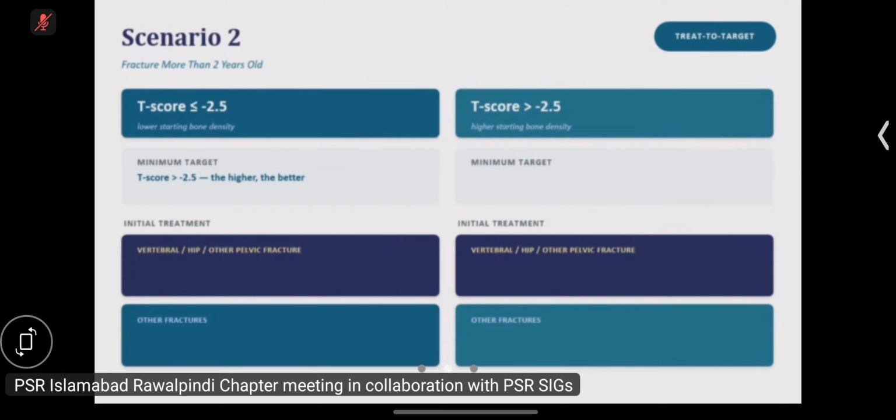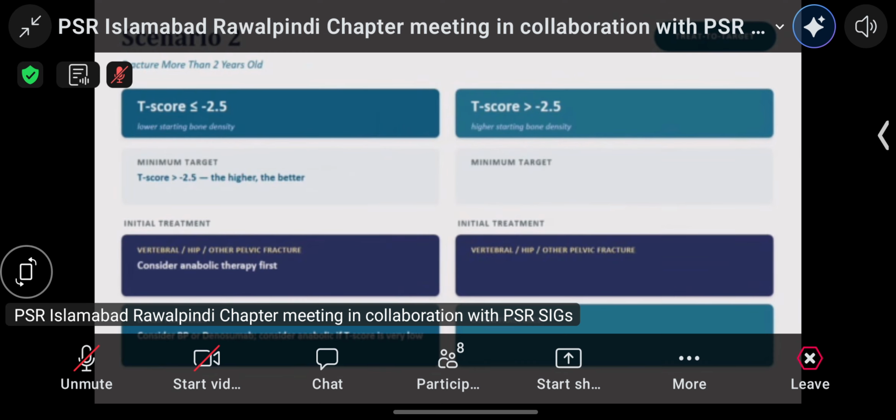And for initial treatment, we'll have to see where that fracture happened. If it was a vertebral fracture, a hip fracture or a pelvic fracture, then of course we'll have to consider therapy with an anabolic agent. If the fracture happened elsewhere in the skeleton, then we can consider bisphosphonate, denosumab, or anabolic therapy if the T-score is really low.